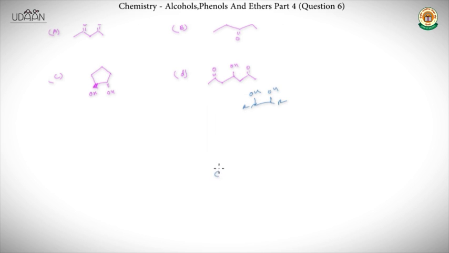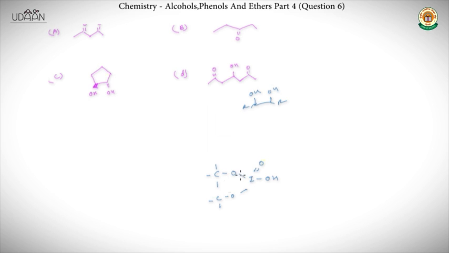It forms a structure like this. The alcohol groups bond like this with iodine. This is what they form. It's a 5-member ring, right.